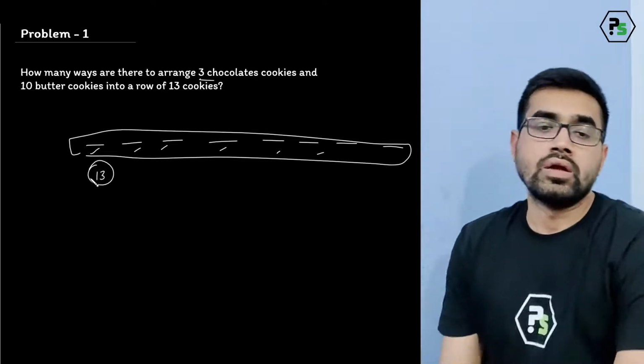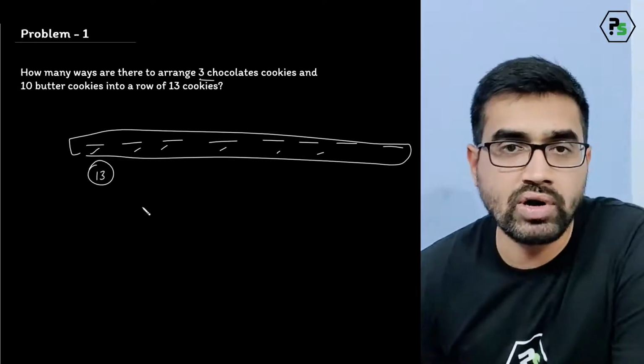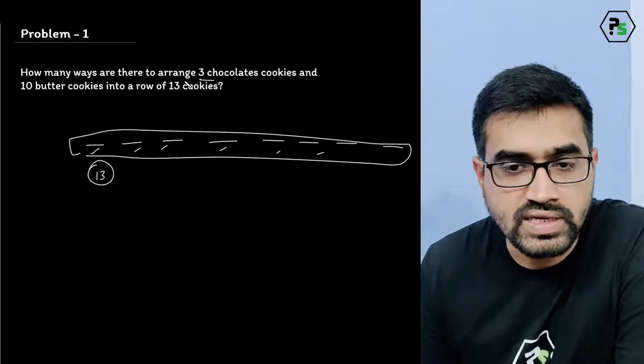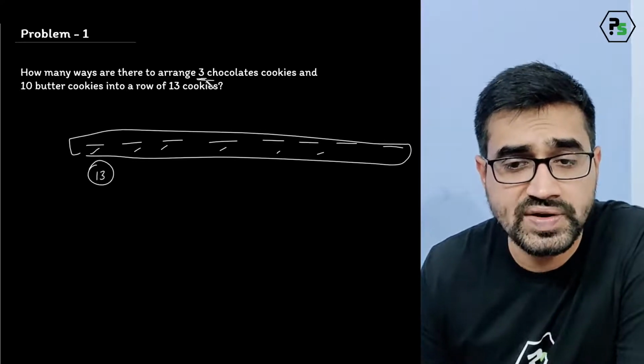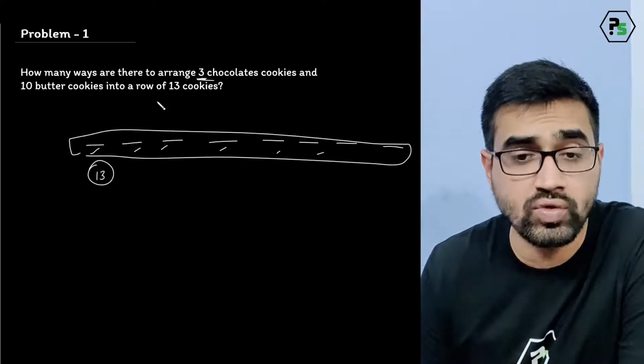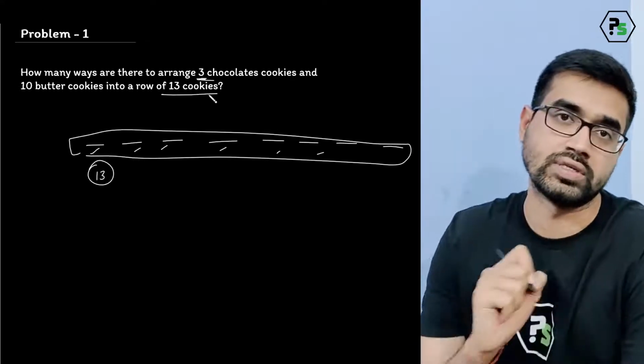Let us think about it like this, Deepika. You have to arrange 3 chocolate cookies and 10 butter cookies into a row of 13 cookies.